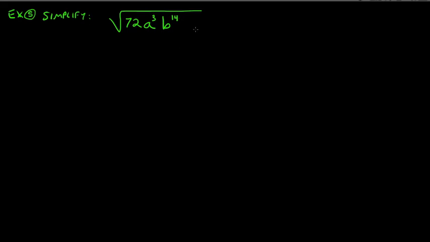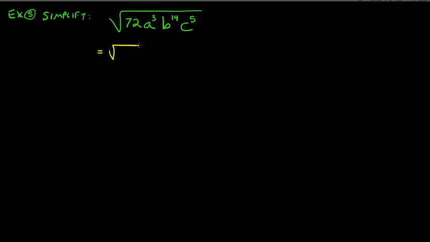Yeah, let's do one more. How about c to the 5? Okay, so the square root of 72 a cubed times b to the 14 times c to the 5.